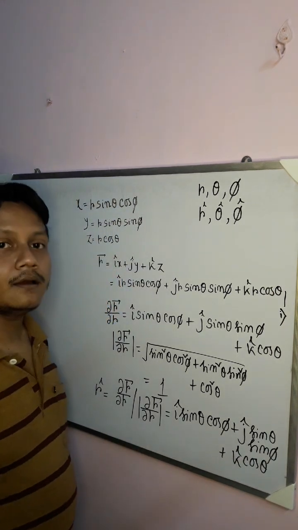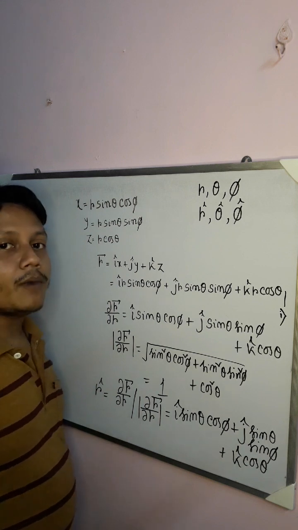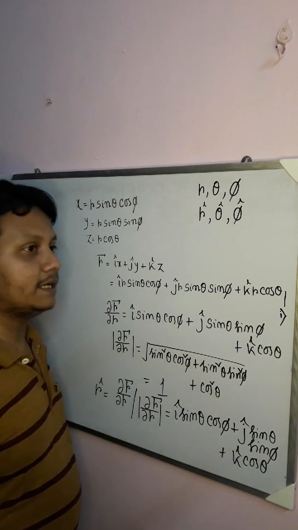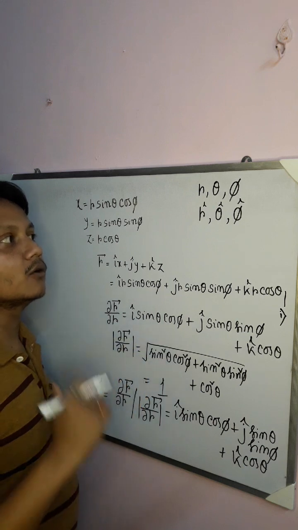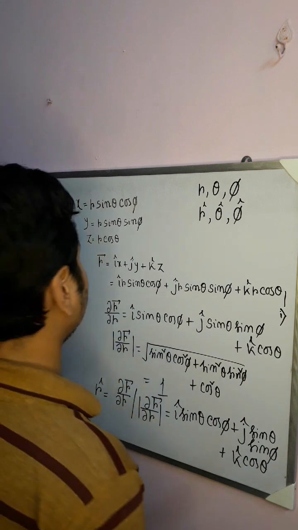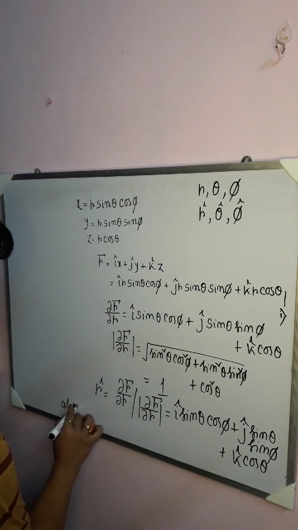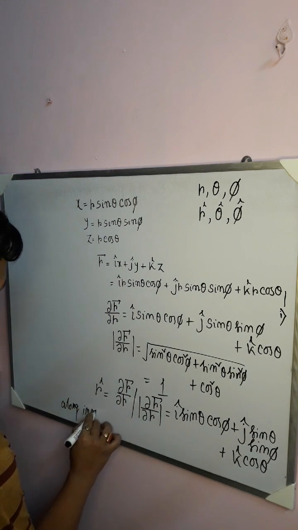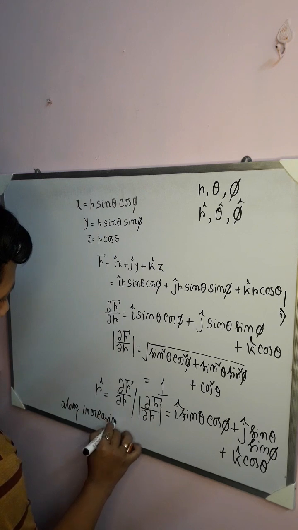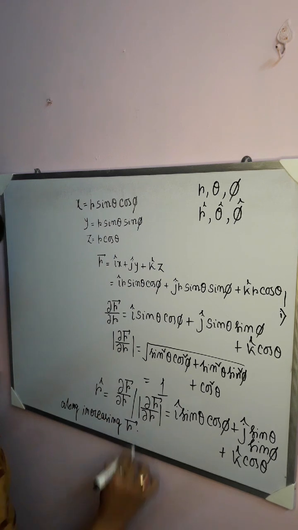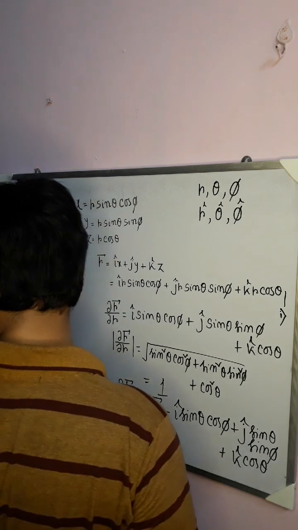So this is the value of r cap, a unit vector that is directed along increasing r.